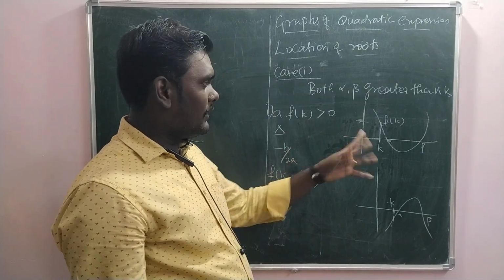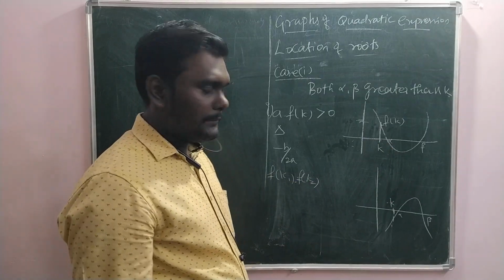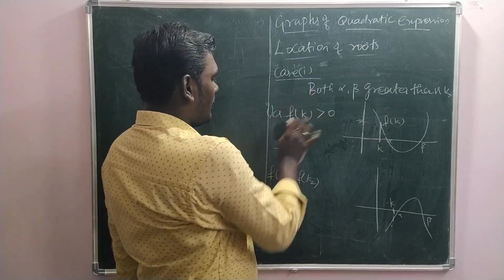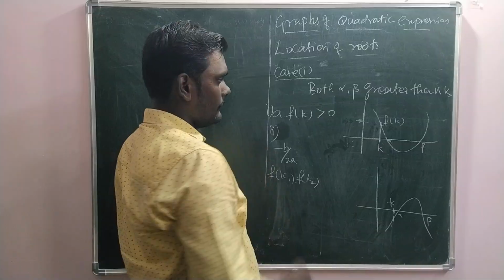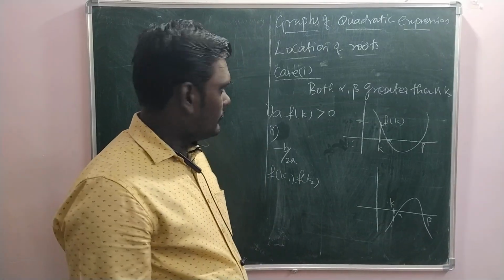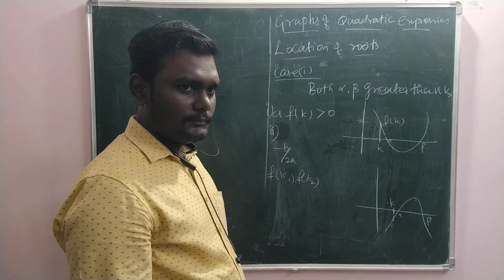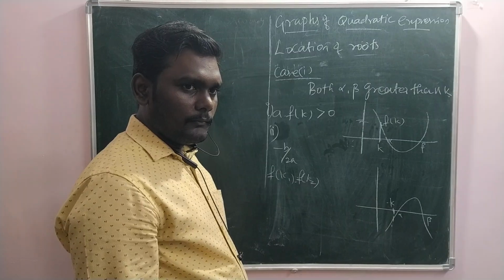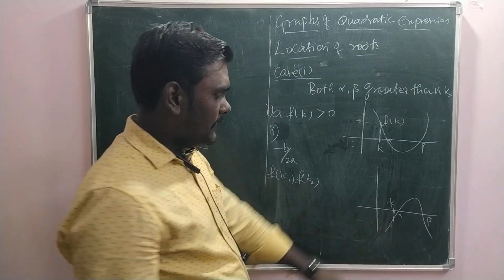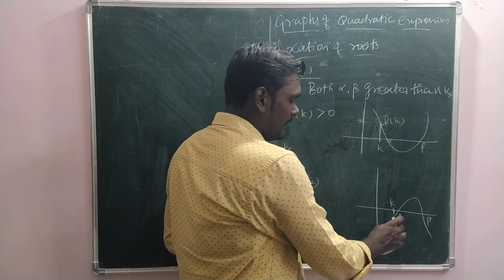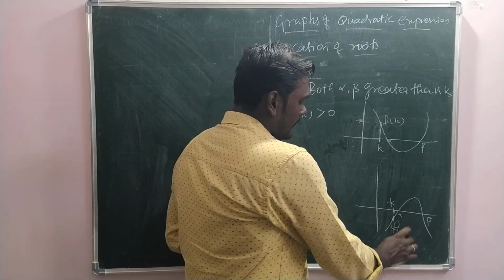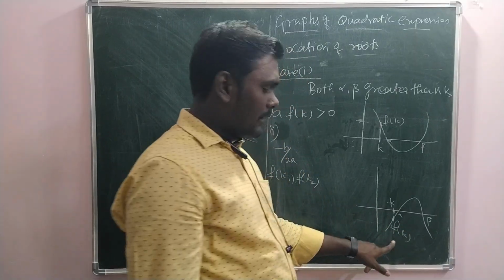Next, we are going to comment on delta. A into f of k. In this case we'll discuss, here k is there, f of k is here. So in this case, f of k is less than 0.